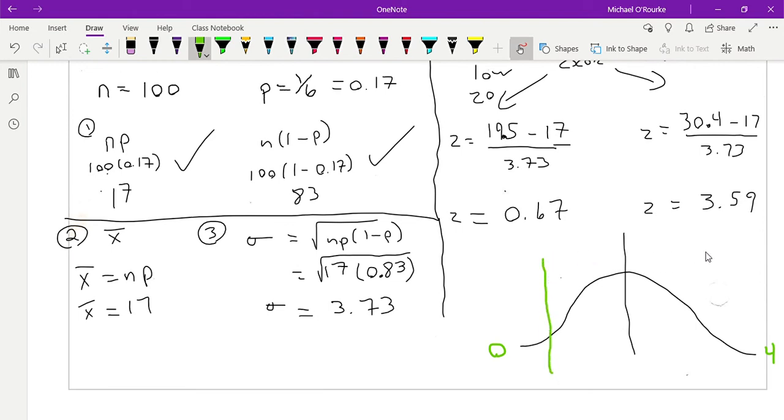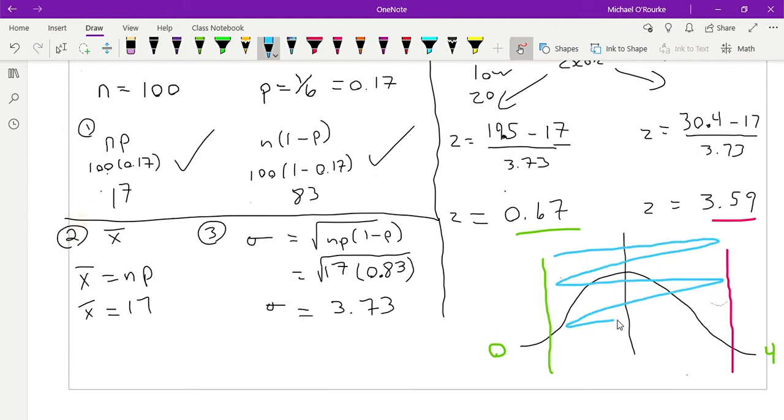And 3.59, let's do that. This one's going to round about here. So the probability, we can't divide and get the average of those z-scores, because the probability is all this area included in here. Does that make sense?